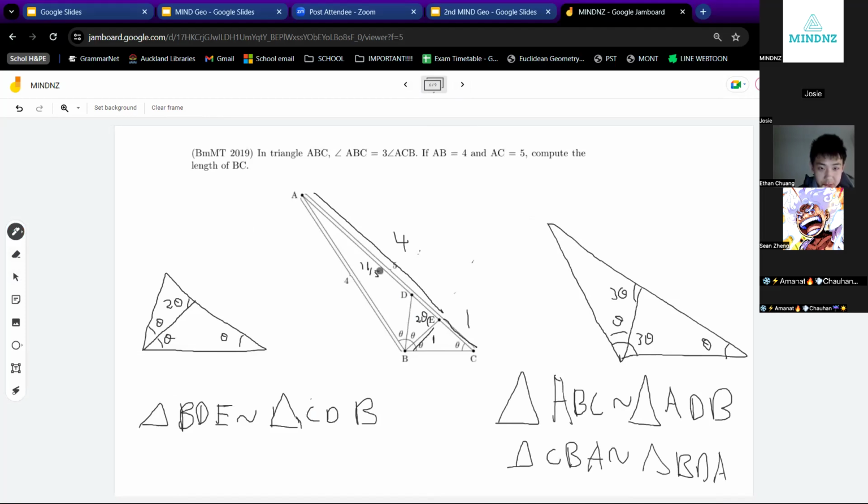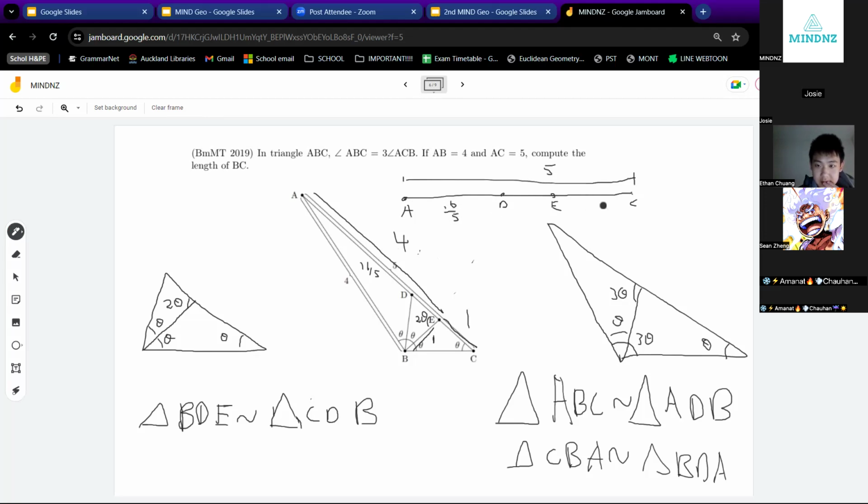So if we just consider this line as a whole, you can find everything we want except BD. You can find CD and you can find DE because we have a line segment, right? We have A, and then we have D, then we have E, and then we have C. We're given this entire thing is 5, and we know that AD is 16 over 5.